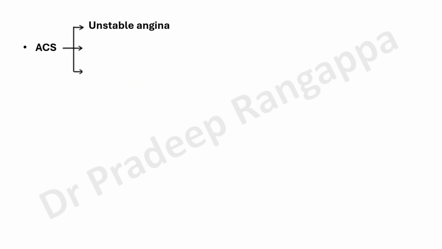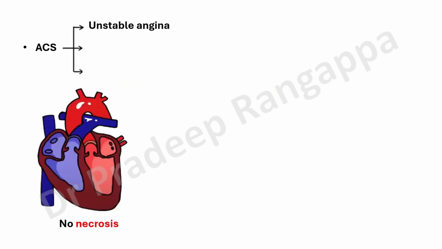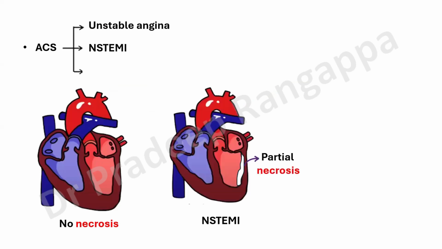When you look at the update, they have divided ACS, I'm sure this is pre-existing, into unstable angina, where we say there is no necrosis of the myocardium, and non-ST elevation MI, when there is a partial necrosis of the myocardium. As you see here, this white area is the partial necrosis of myocardium in non-ST elevation MI.